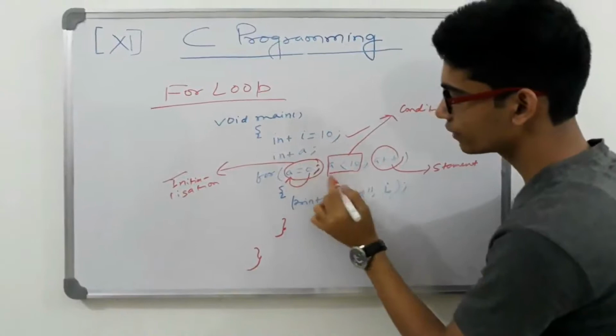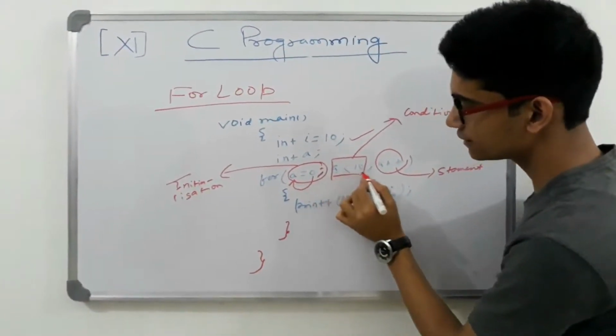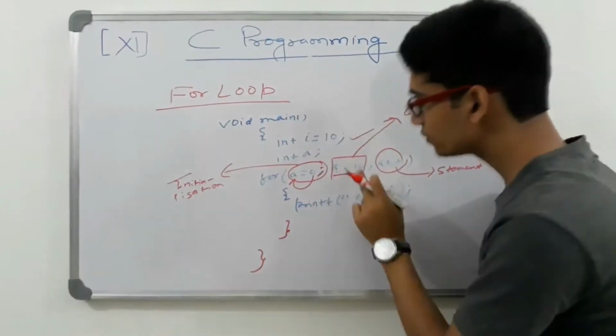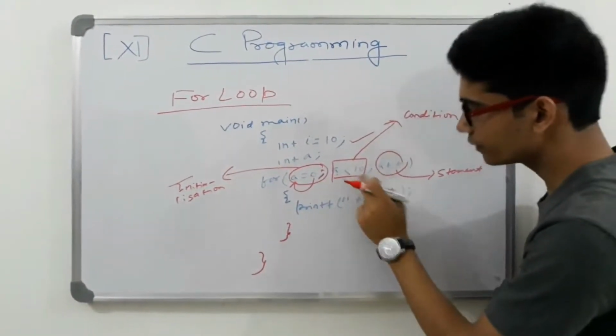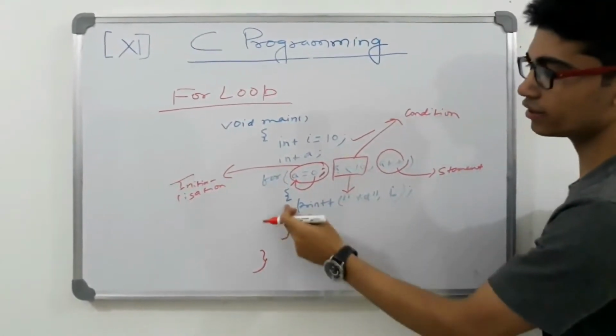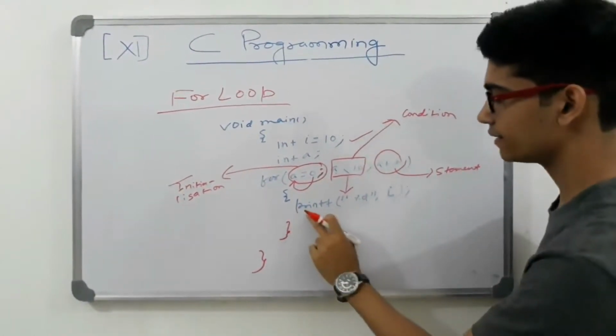Now a is 0, we are checking if a is less than 10. Yes, 0 is less than 10, so this is true. When it is true, control will directly come under the statements enclosed in these curly braces.